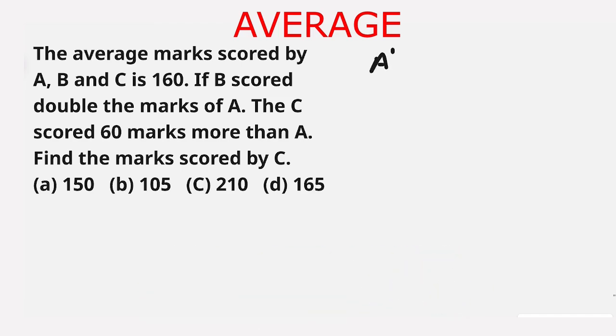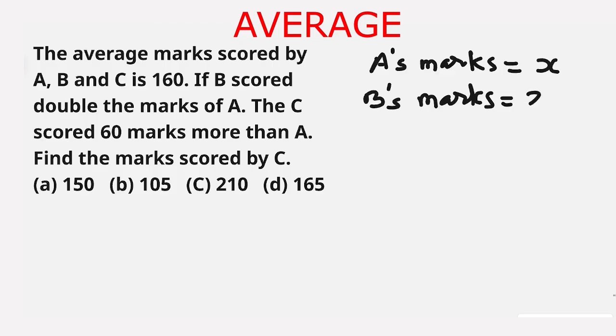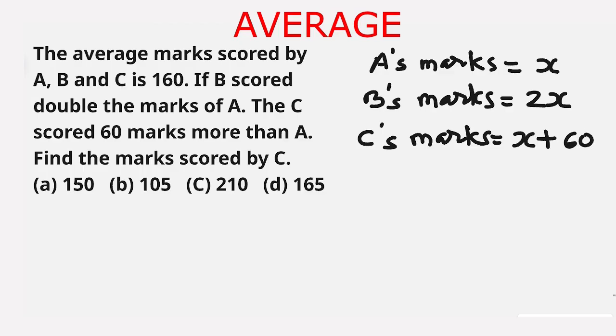Let A's marks equal X, then B's marks equal 2X, as B scores double the marks of A, and C's marks X plus 60, as C scores 60 marks more than A. Now their sum is X plus 2X plus X is 4X plus 60, and this is equal to 160 times 3 is 480, as the average marks scored by them is 160 marks.